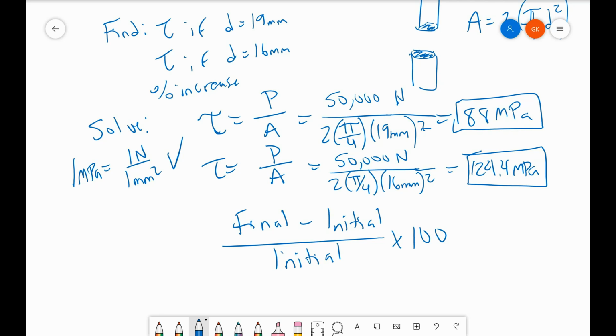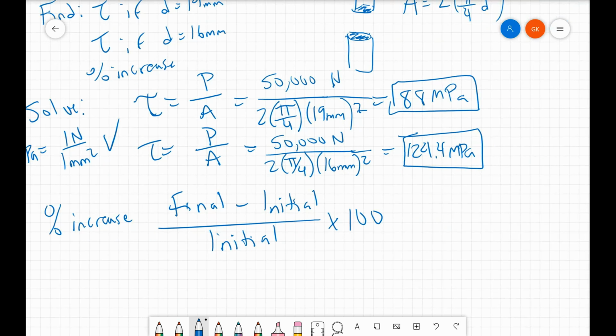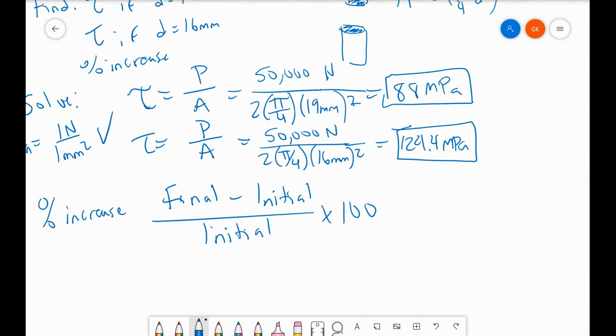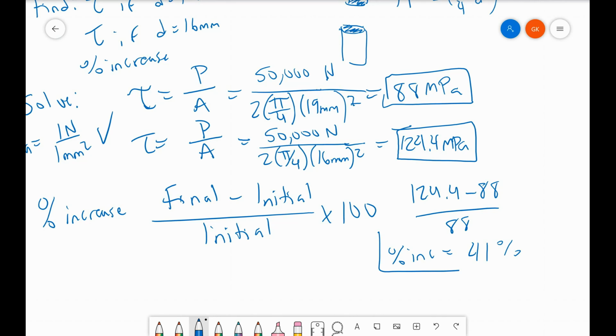This is percent increase or percent decrease, it just depends on what it's doing. With this, I know what my final and initial are. So it's 124.4 minus 88 over 88. And what I get is that the percent increase is equal to 41%. There we go. And with this, I solved the problem.